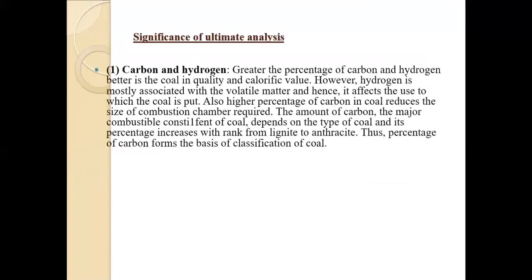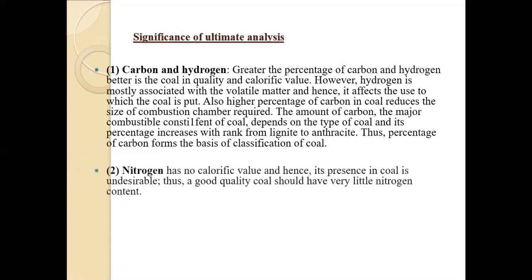Next, what is the significance of ultimate analysis in the context of carbon and hydrogen? Greater the percentage of carbon and hydrogen, better is the coal in quality and calorific value.